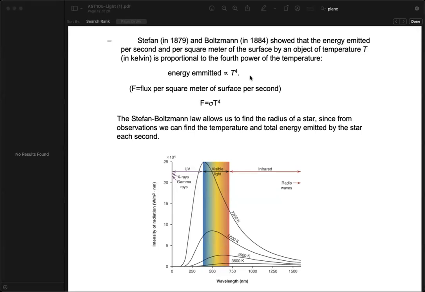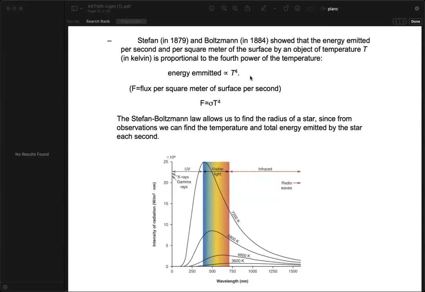So how fast would it emit the energy? An intuitive guess could be that it will emit energy at twice the rate, but that's not the case. The energy emitted is proportional to the fourth power of temperature.